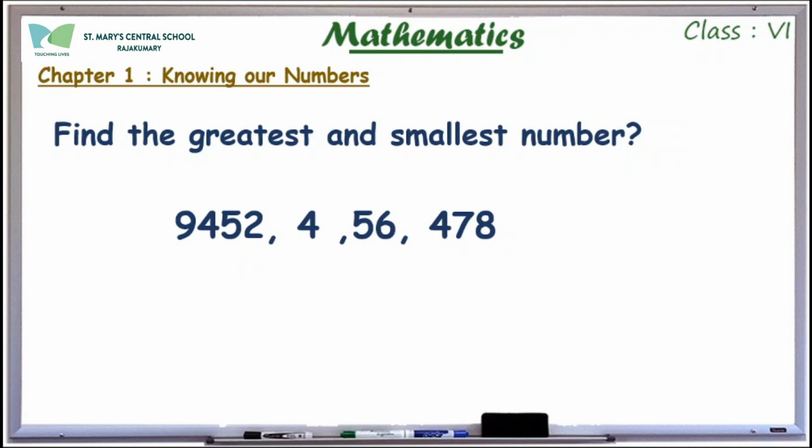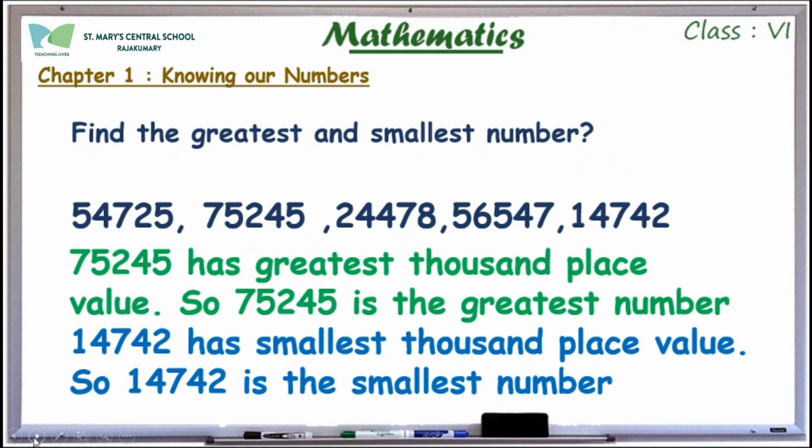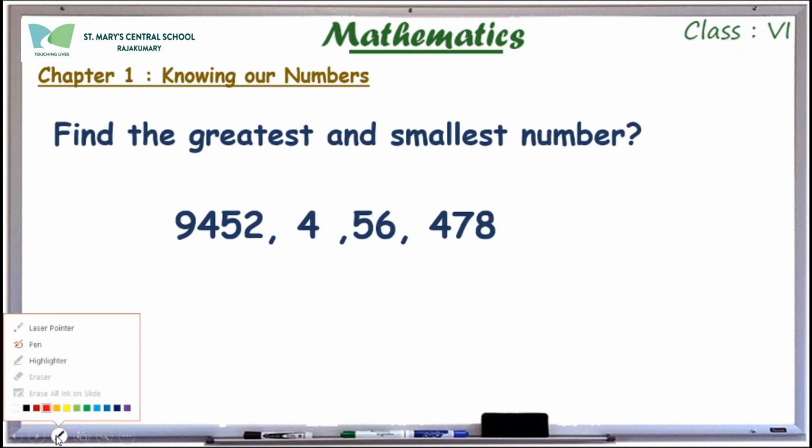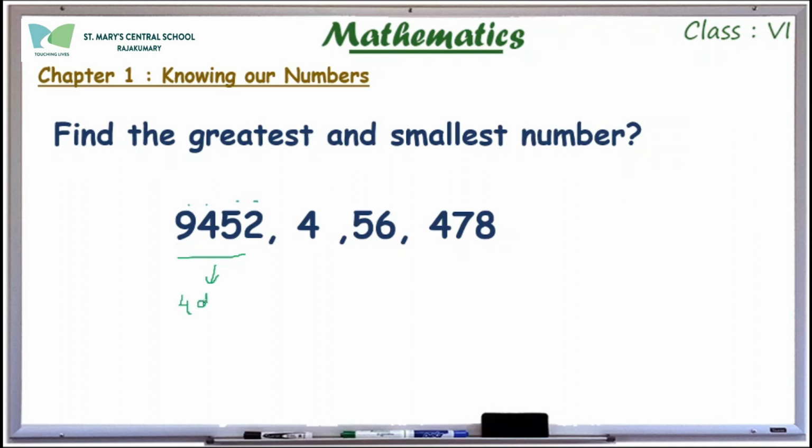9,452, 4, 56, and 472. So here the first number, we have 4 digits. 1, 2, 3, 4. 4 digits. And the second number have only 1 digit. Third number have 2 digits.